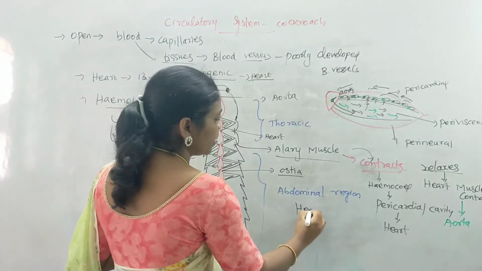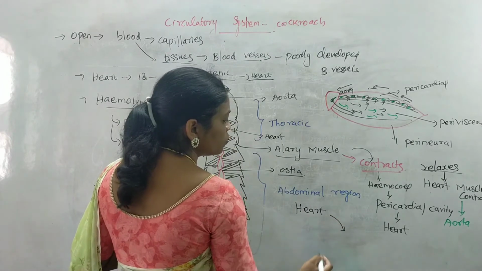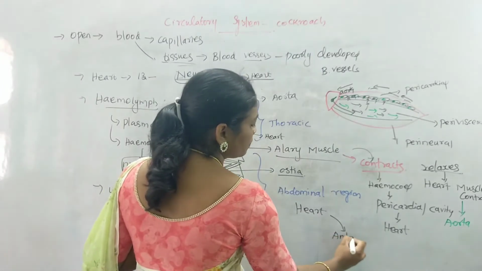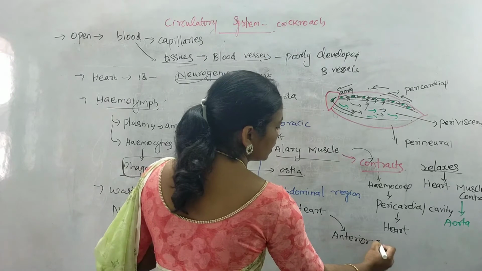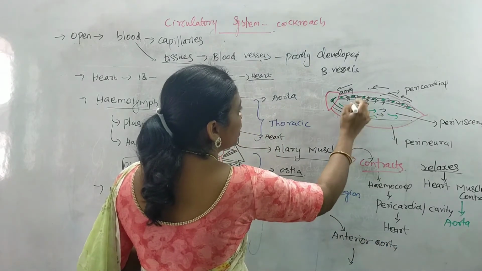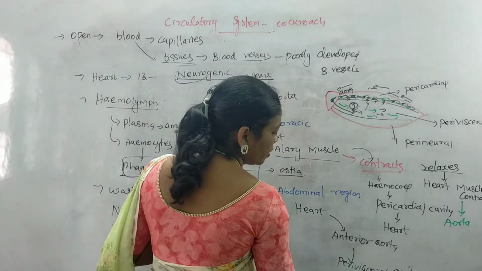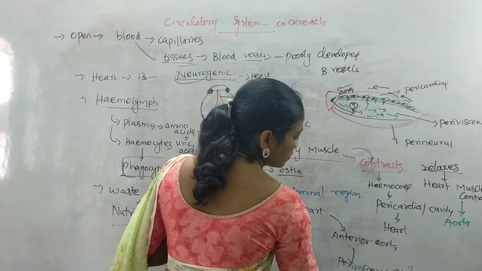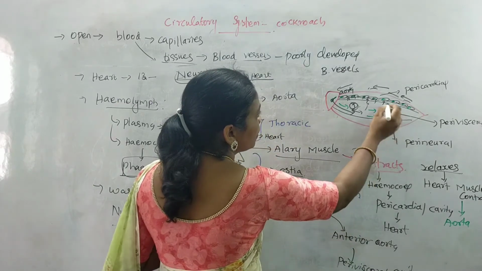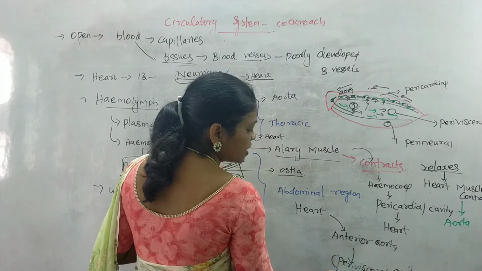Okay, from this region, the blood moves into the anterior aorta. From the anterior aorta, they enter into the hemocoel, that is a cavity. So, when they reach the perivisceral and perineural cavities, there will be exchange of substances.